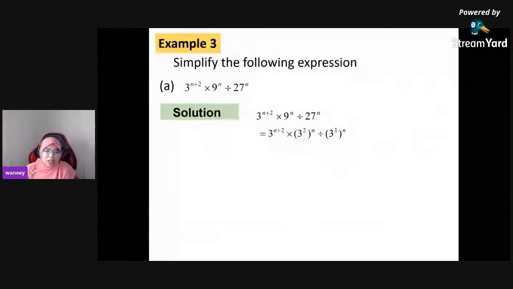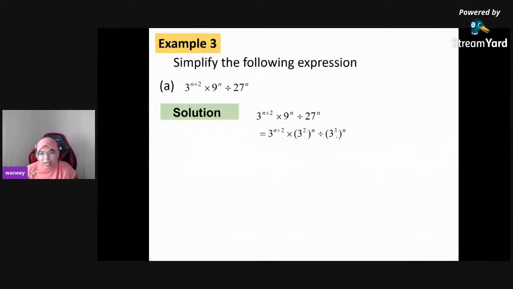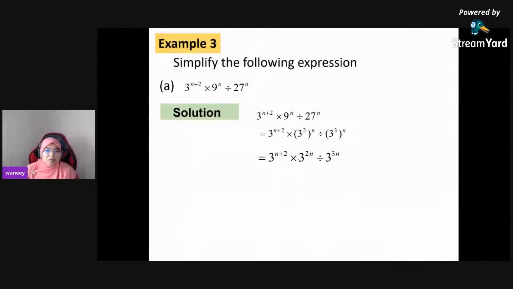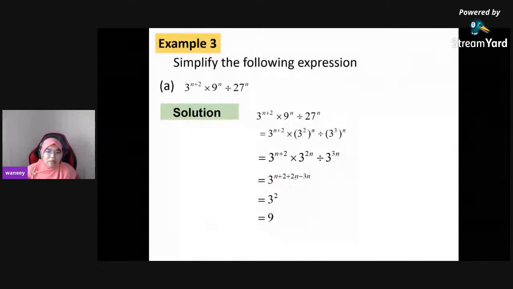So this one will become 3 to the power of 2n, this one will become 3 to the power of 3n. So we're going to multiply the index. Now when we are doing multiplication, we add the index. If we are doing division, we minus the index. So plus 2n minus 3n. It will become 3 to the power of n plus 2n minus 3n, which is simply 3 to the power of 2, which is equal to 9.